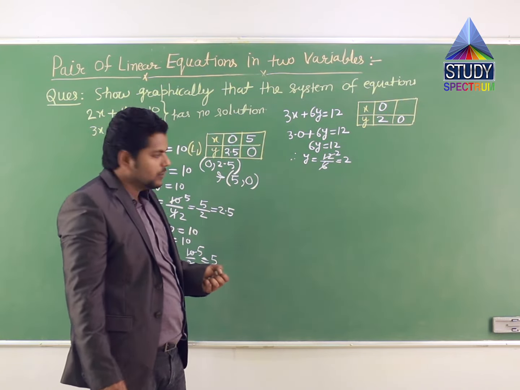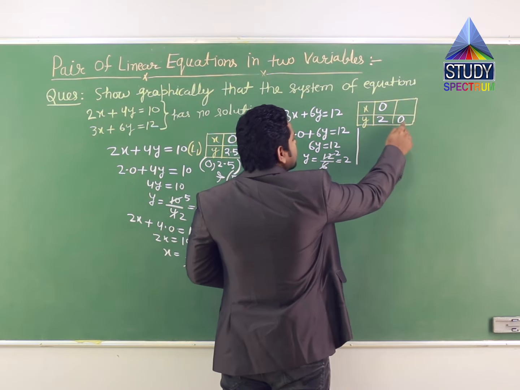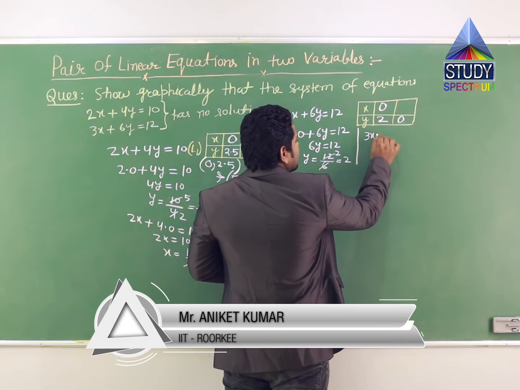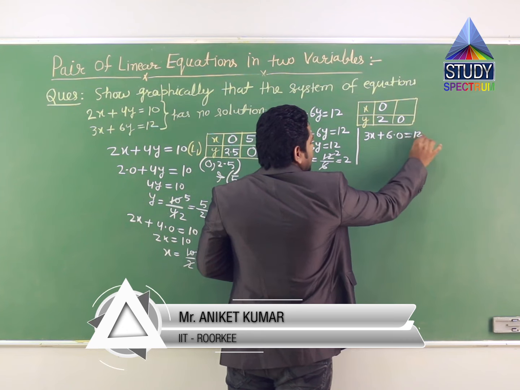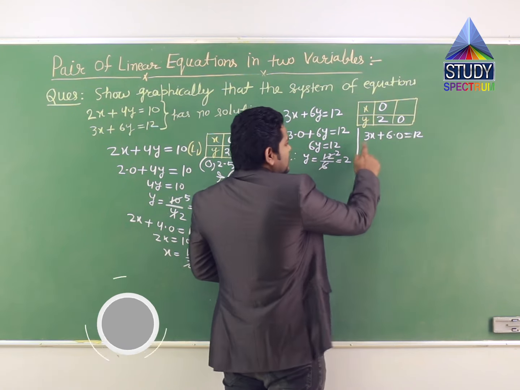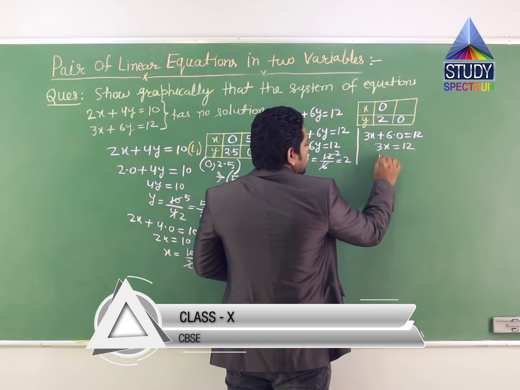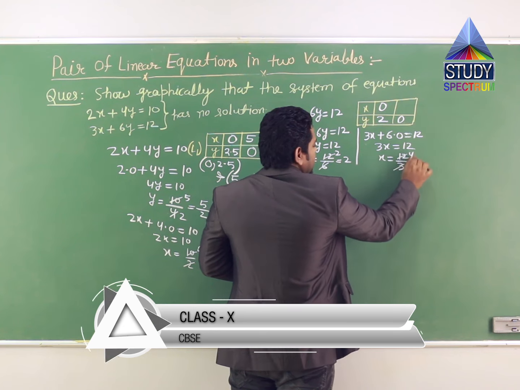Now go for the second point. We will substitute y equal to 0. So 3x plus 6 into 0 equal to 12. 6 into 0 is 0, so 3x plus 0 is 3x equal to 12. So x will be 12 by 3, which is 4.